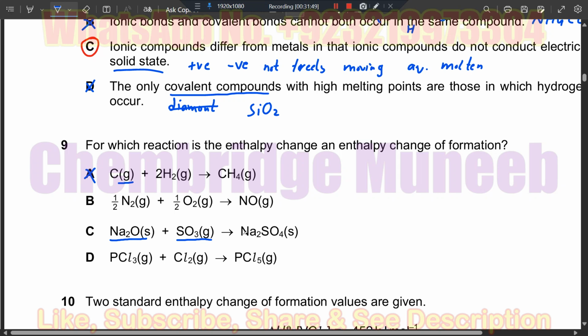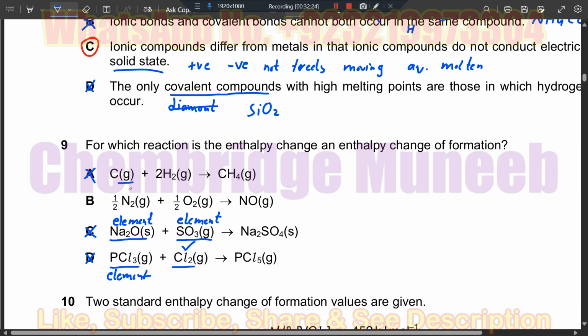Although it looks right because we have 1 mole of the compound formed and all of them are in their standard states, the problem is that we should have elements, not compounds. The element should be here and the element should be here, not the compounds. So that is incorrect. And option D shows the same mistake, that we should have elements here. This is correct, but this is incorrect. It should be an element here, not the compound, to make the compound as a product. So D is also incorrect.